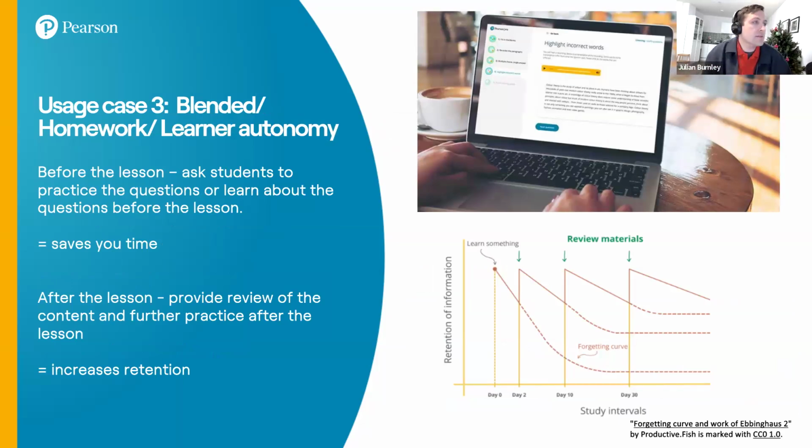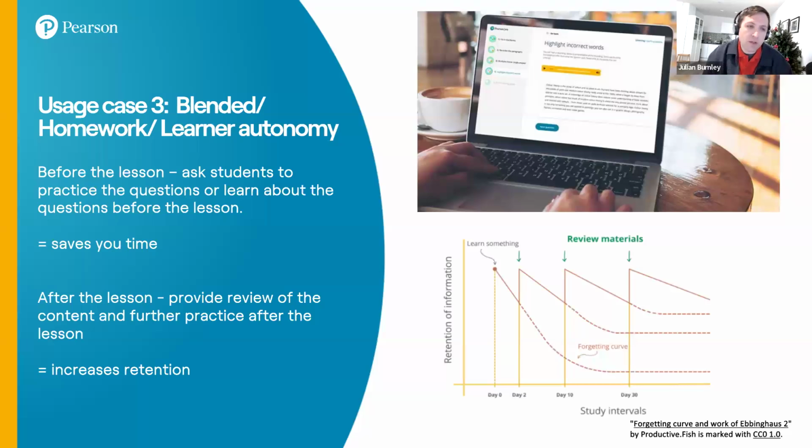The third usage case is using Smart Prep for blended learning, for homework, or for boosting learner autonomy. It's so important that learners are autonomous, that they can learn by themselves. One thing you could do is have a handout where you say, before you come to my class, do these activities in Smart Prep.